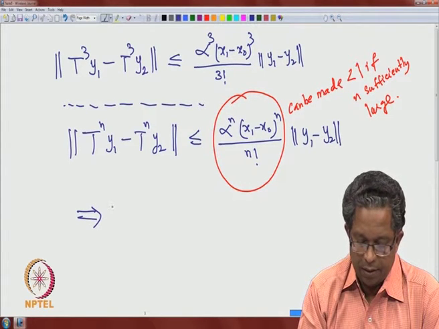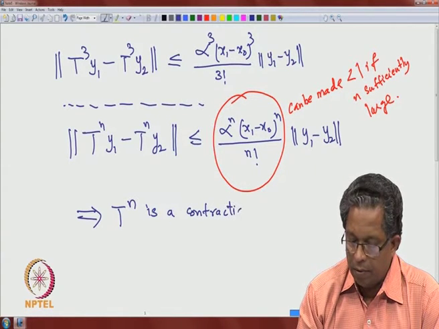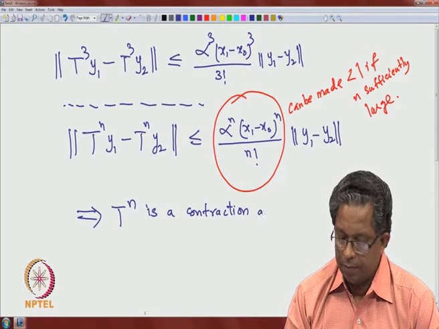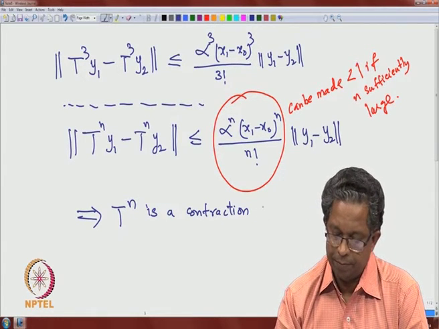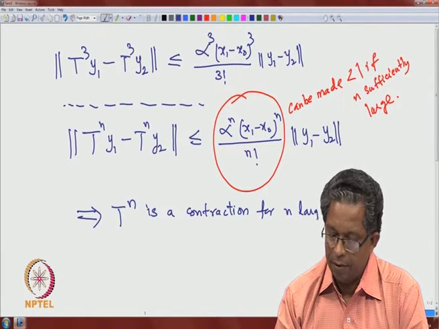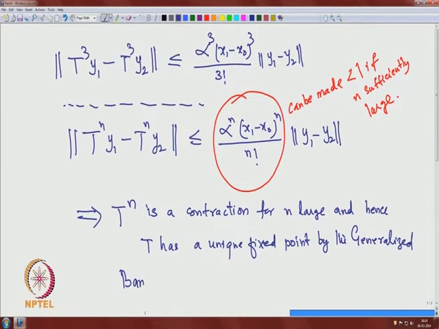So, this implies that Tn is a contraction for n large, and hence T has a unique fixed point by the generalized Banach contraction principle.